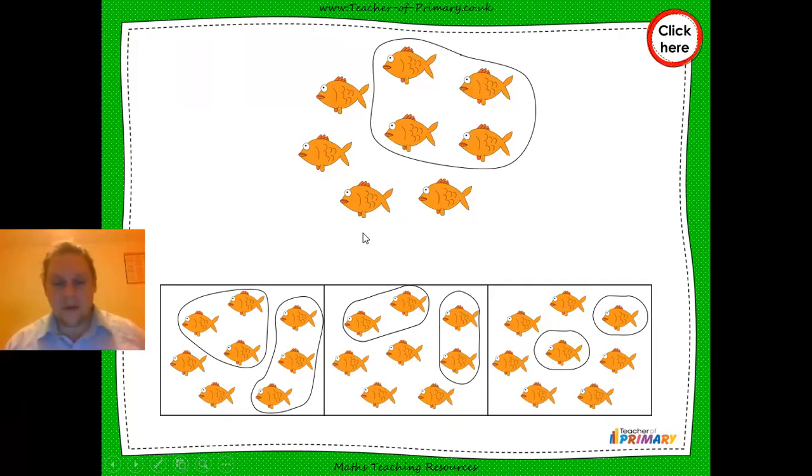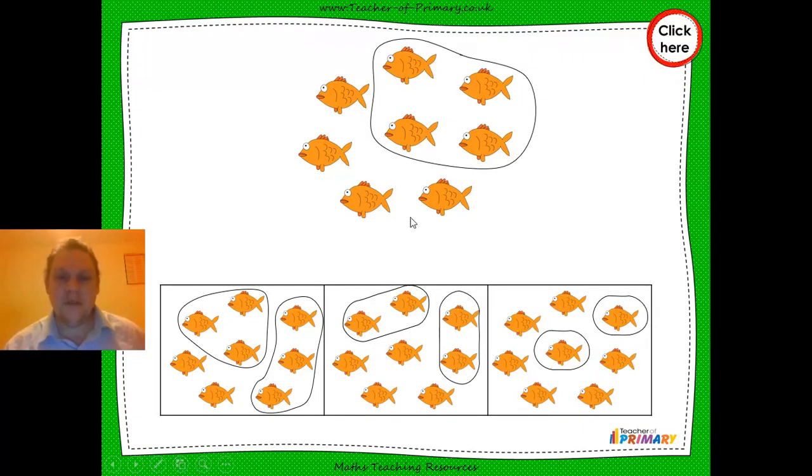Now, what about this one? See if you can see what is the answer to this one. We've got how many fish altogether? 1, 2, 3, 4, 5, 6, 7, 8. And they've put a ring around 4 fish. So we've got 4 fish here and 4 fish here.